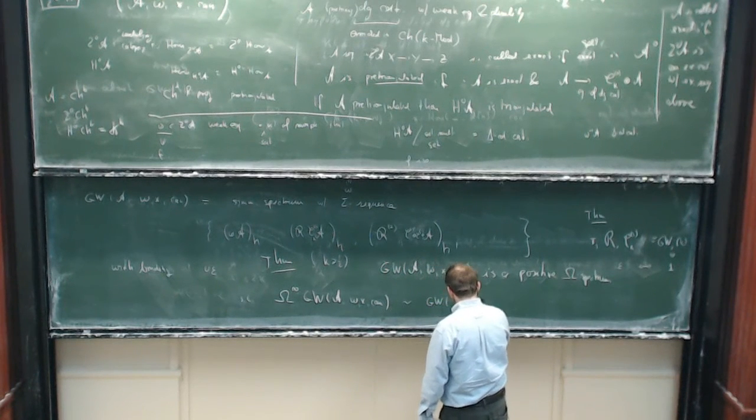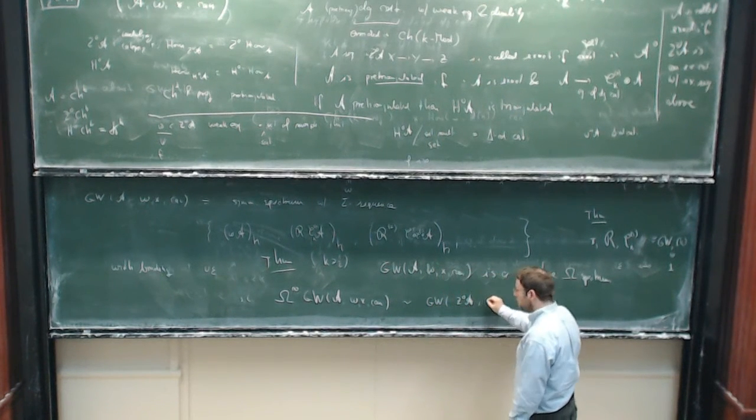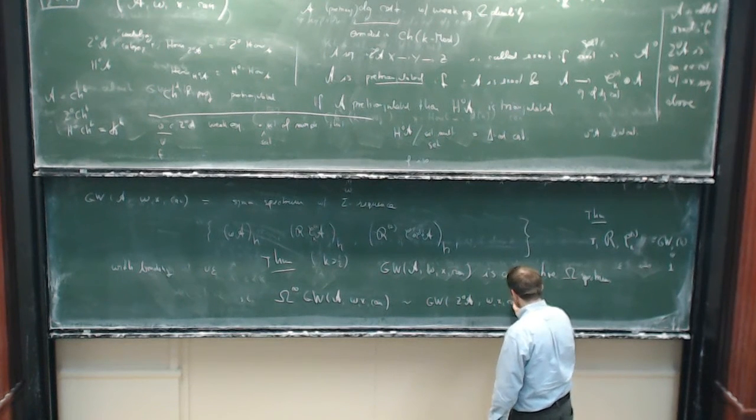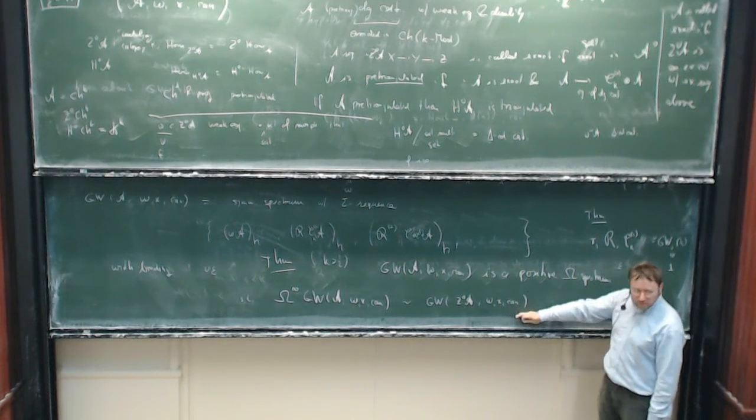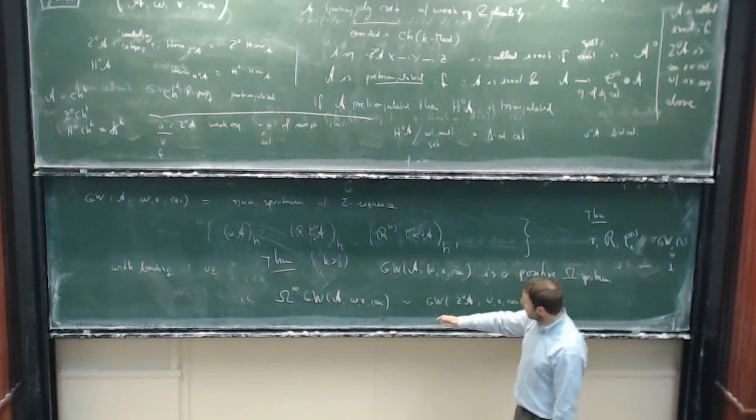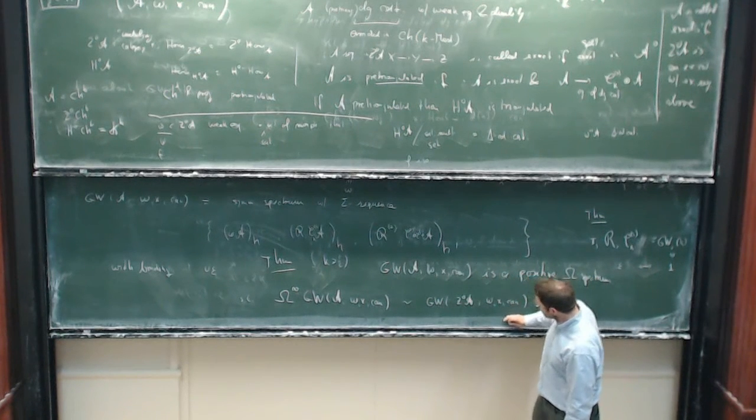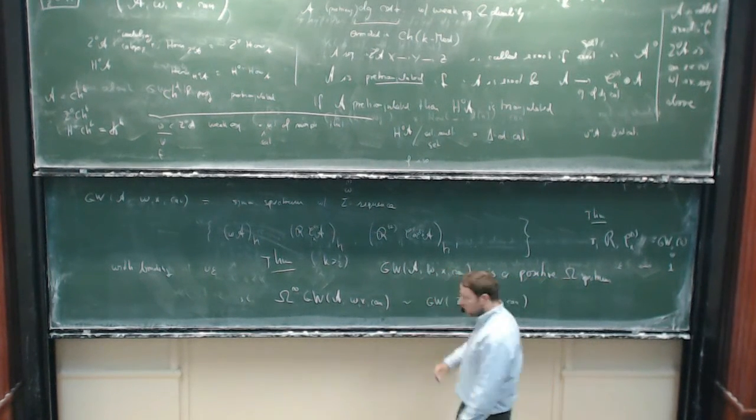So Z0 is now an exact category with duality and weak equivalences. And this is what I defined yesterday as the homotopy fiber from R dot to S dot. And yeah, that's what it is.